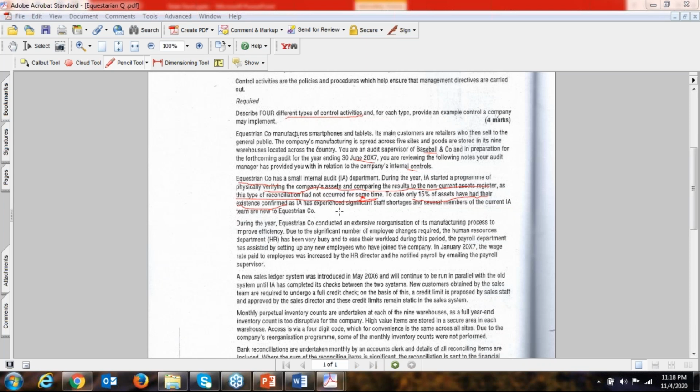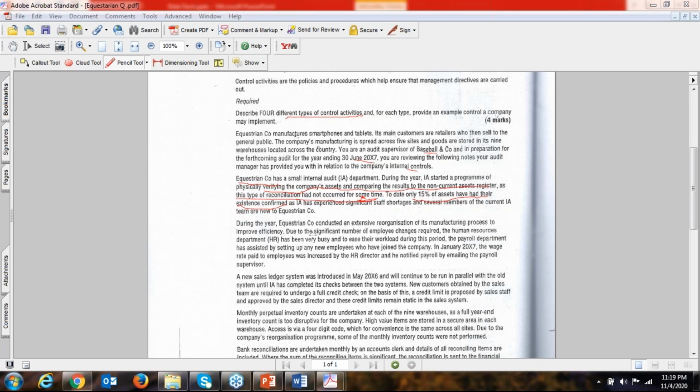Again, this exercise should be done completely. Even if the audit department needs more resources, management should give the extra resources to complete that assignment. If any asset does not confirm its existence, then the relevant amount should be adjusted in the non-current assets. So this is all about the first deficiency.